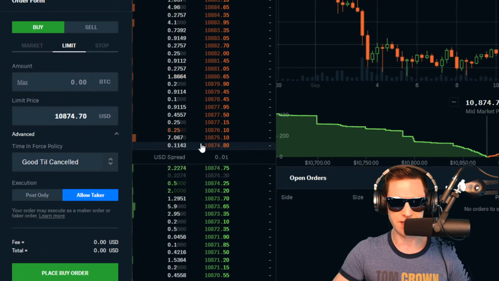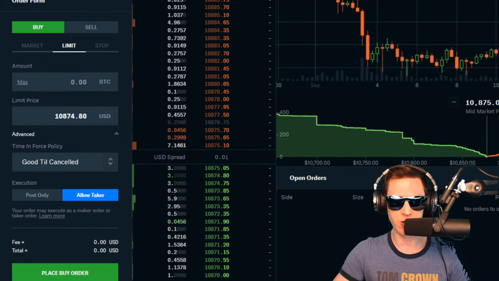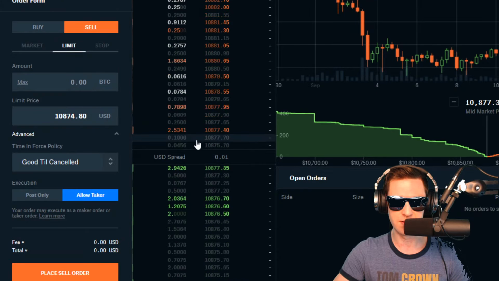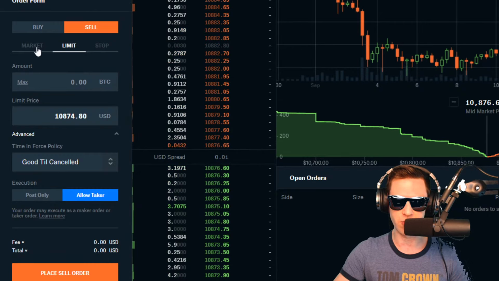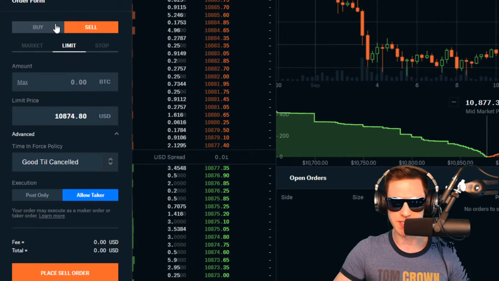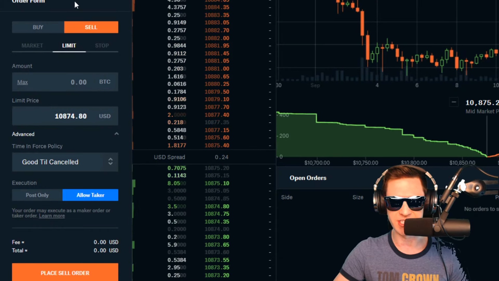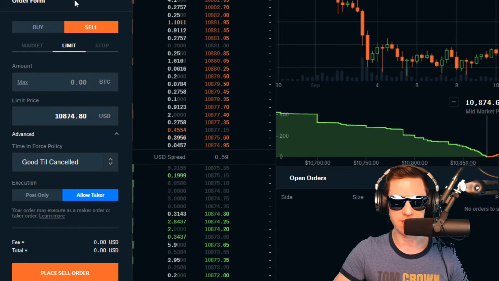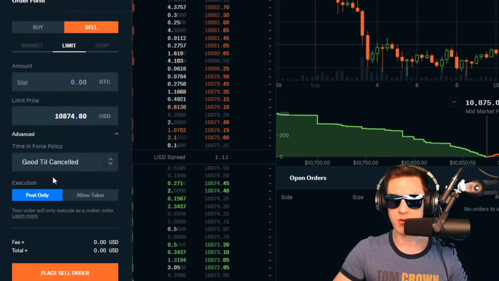If I put a limit order for a sell pretty much at market price, and I allow taker, it may fill as a market order. This used to make a little more sense before, because Coinbase Pro used to be known as GDAX, and when it was known as GDAX, there was actually no fee for making maker orders.